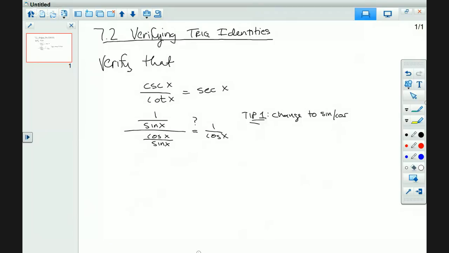All right, then we have fractions, right? And then, of course, we can, so that's tip 2, fraction arithmetic.